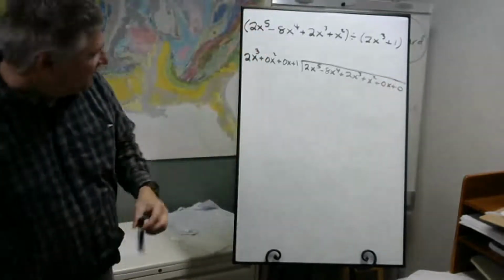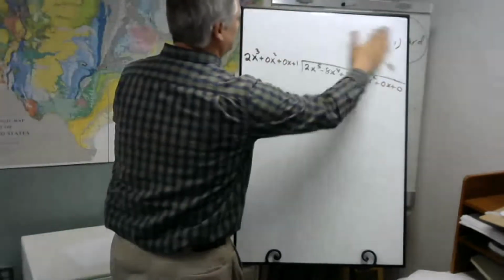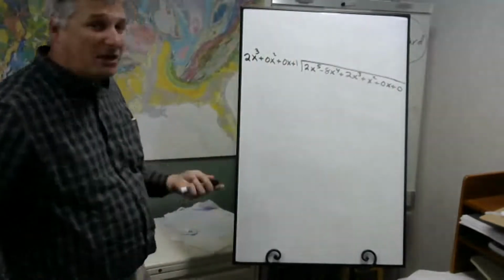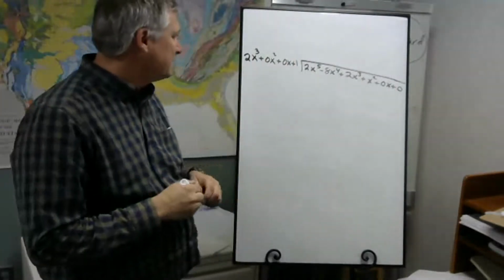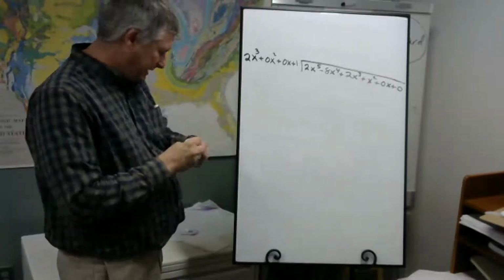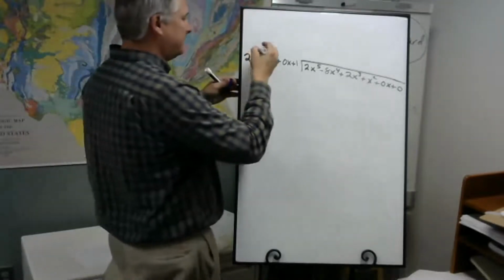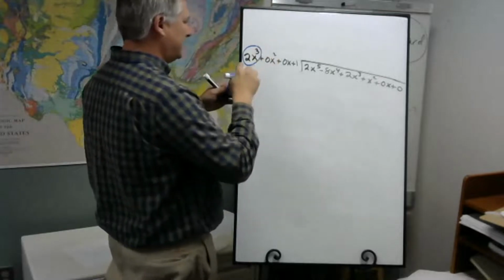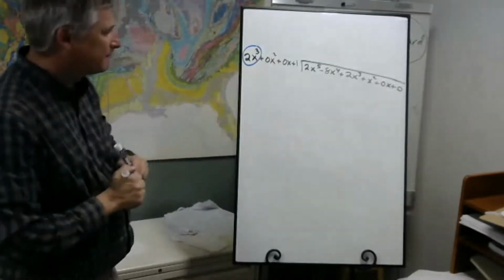All right. So now let's do our division. We're going to have to cram this in here a little bit. First cycle of division, again, lead terms. We're going to be dividing lead terms, and this one's going to be doing all the work.